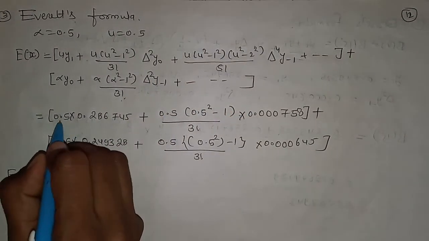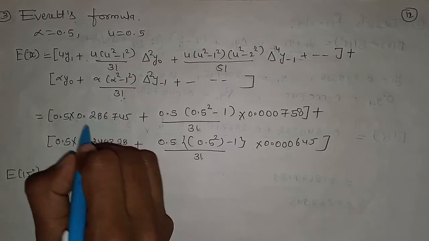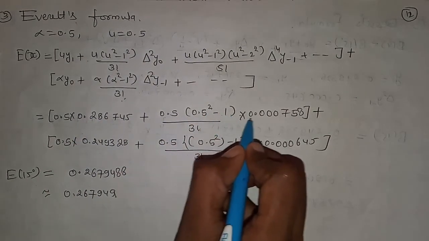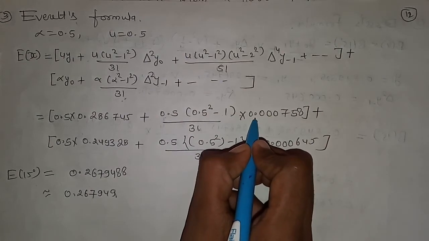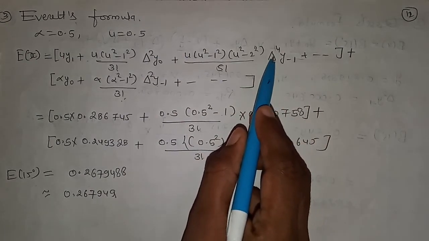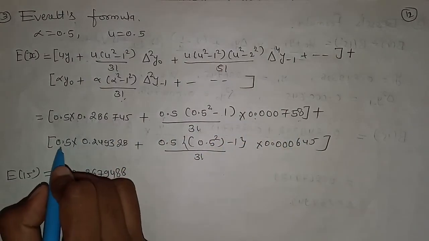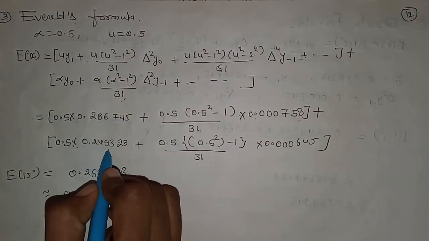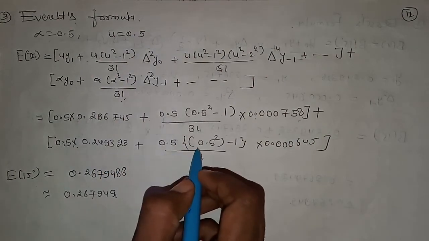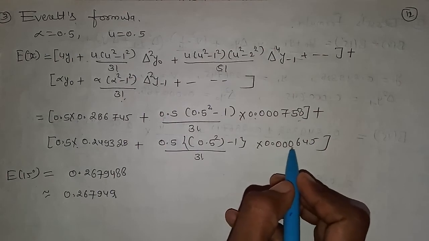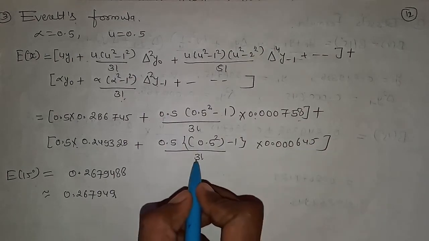So here 0.5 into the value of y1 plus 0.5 into 0.5 square minus 1 into the value of delta square y0. Here we have not calculated the fourth difference, so I have written up to this one only. Again 0.5 into 0.249328 plus 0.5 into 0.5 square minus 1 upon 3 factorial into 0.000645 upon 3 factorial.